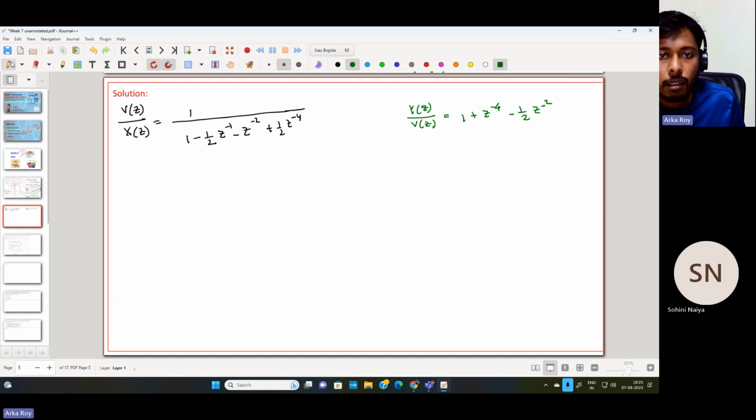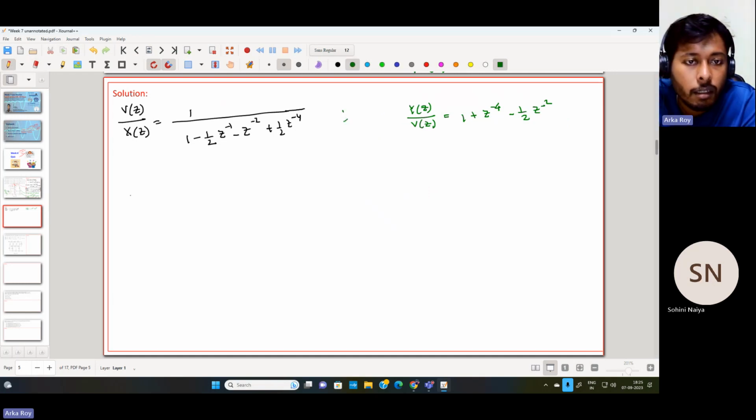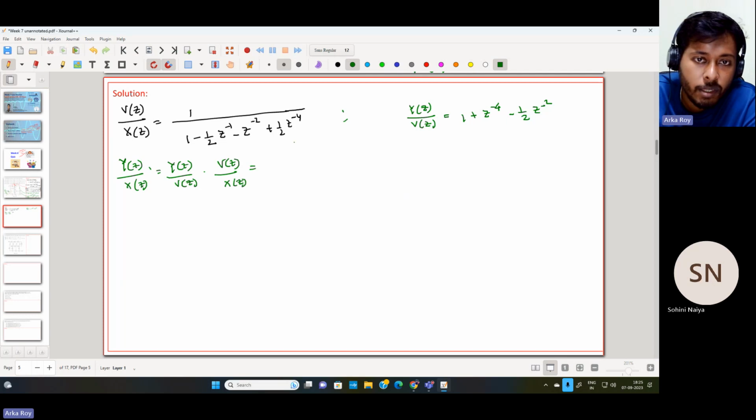So now we can see Y(z) upon X(z) is equal to Y(z) upon V(z) multiplied with V(z) upon X(z), as we have seen previously.